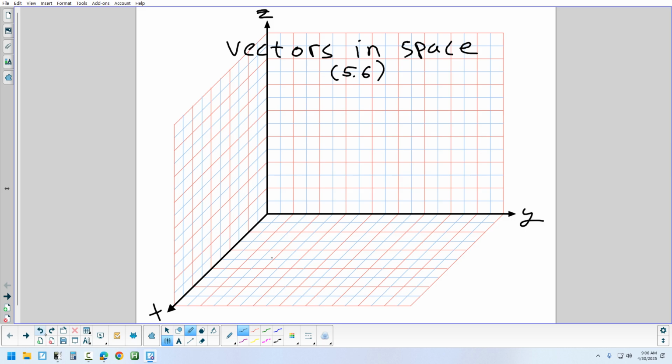And the way that the coordinate system works is it's called a right-handed coordinate system. That's because if you use your right hand and your index finger is the x-axis and your middle finger is the y-axis, your thumb is the z-axis, and that tells you the direction of the z. If you use your left hand, z comes out backwards.